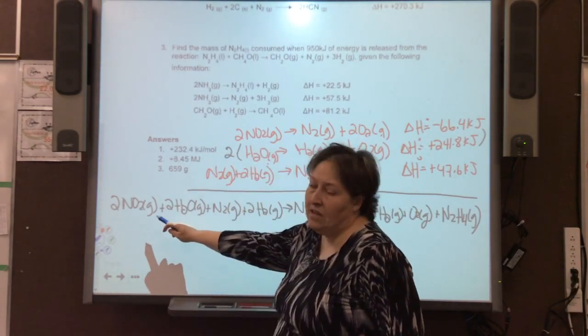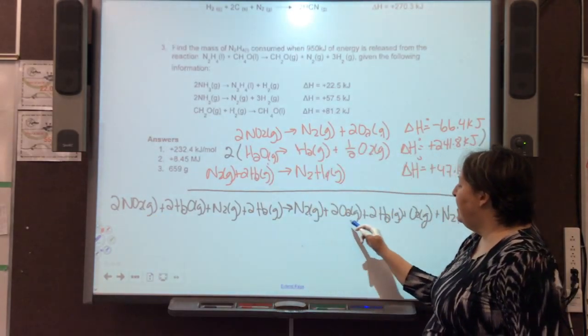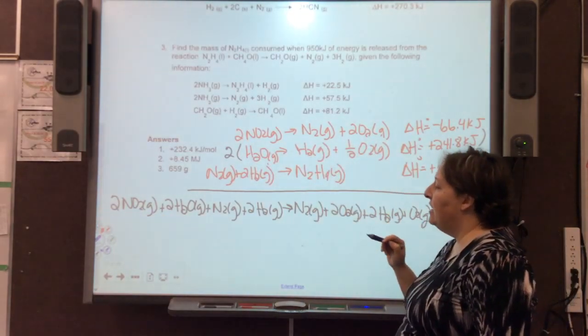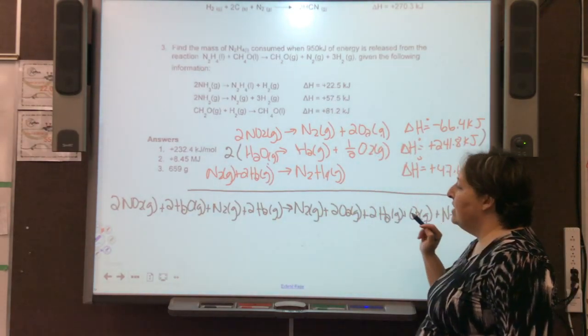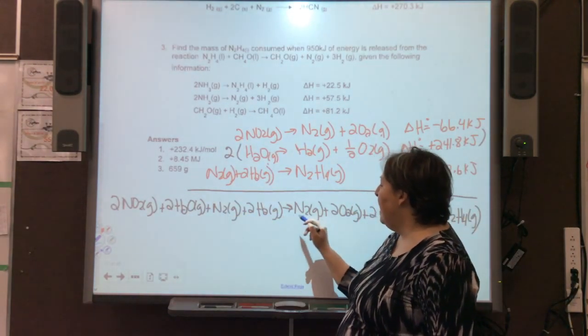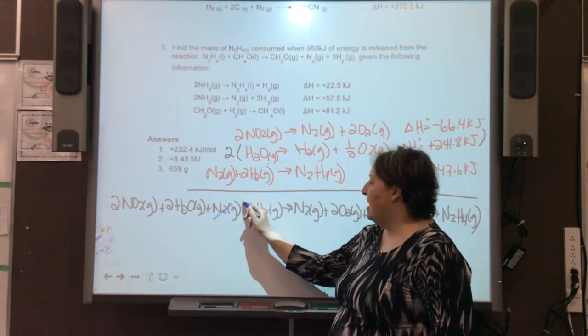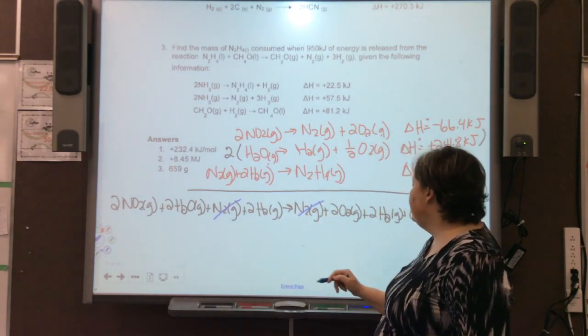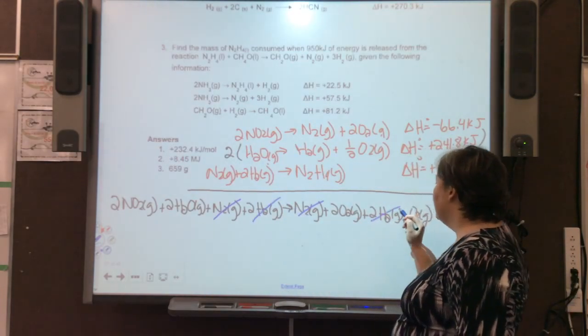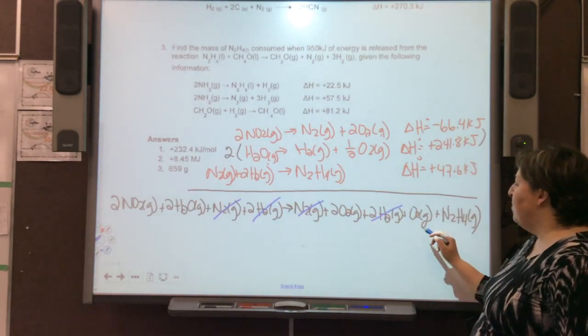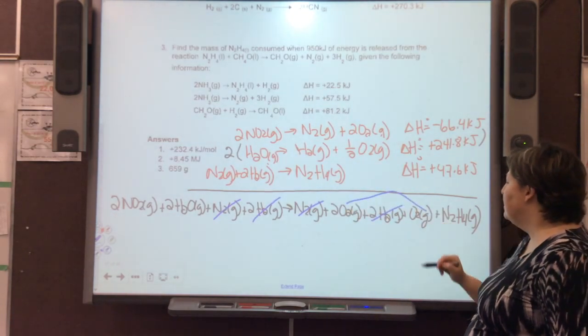So here I see NO2 on the reactant side. I don't have NO2 on this side. Here I have 2 waters. I have no waters. Here I have an N2, and on this side I have an N2, so they cancel out. Here I have 2 hydrogens. Here I have 2 hydrogens. They cancel out. Here I have 2 oxygens and 1 oxygen. I know I'm going to combine those 2.